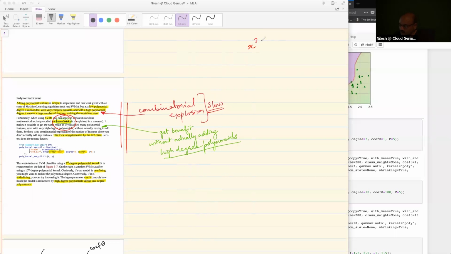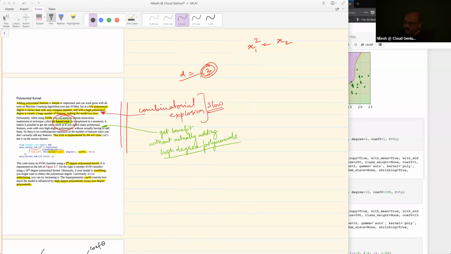What happens is when you are introducing this idea of x2 is x1 square, we just did it with a second order polynomial feature, so d equals 2, second degree polynomial. But in the example we ran, the polynomial degree was 3.